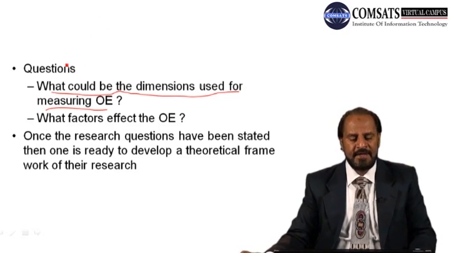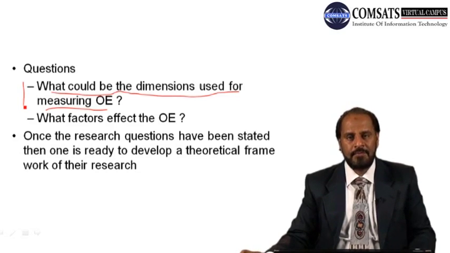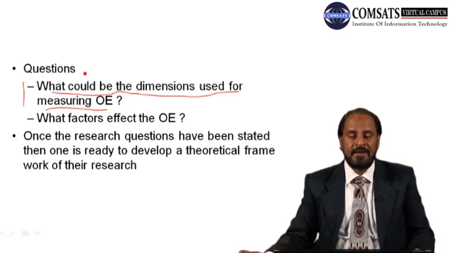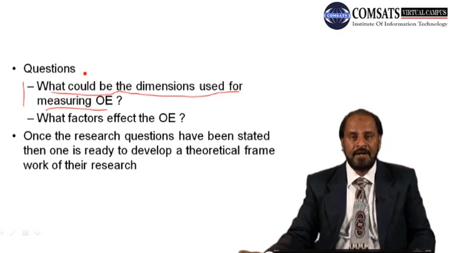The authors can safely develop their own research questions as to what are the right dimensions which could be used for measuring OE, because he has established previously that there are problems with defining the concept of OE, and previous researchers are not following one particular mode of measuring organizational effectiveness. So we need to look at that as one of the research problems which the researcher is addressing.